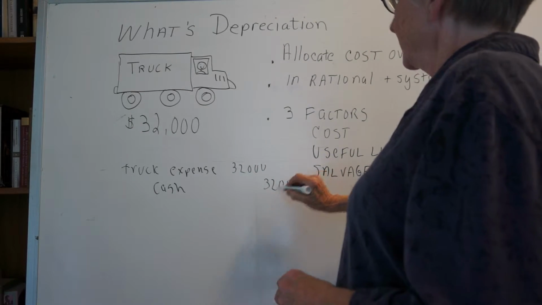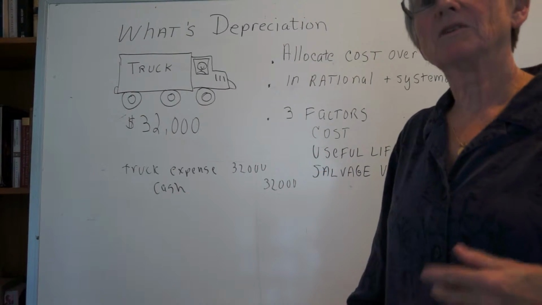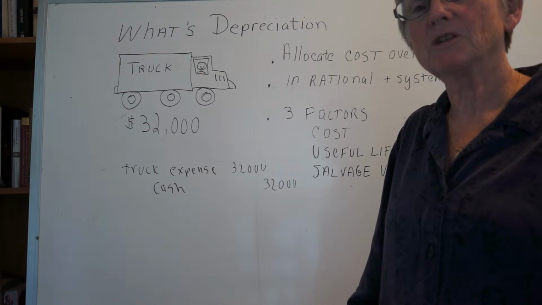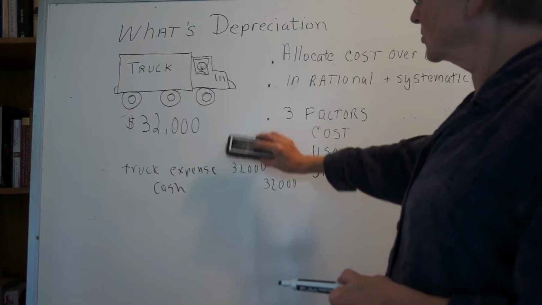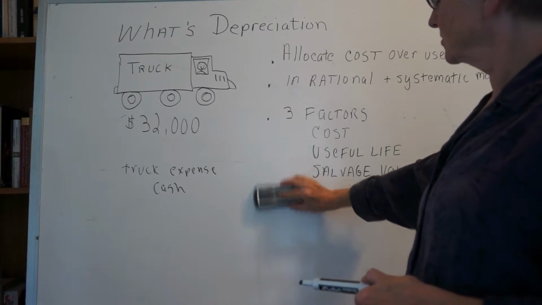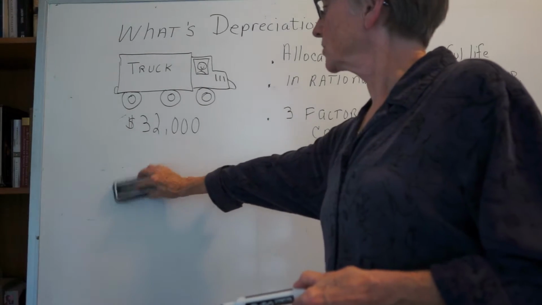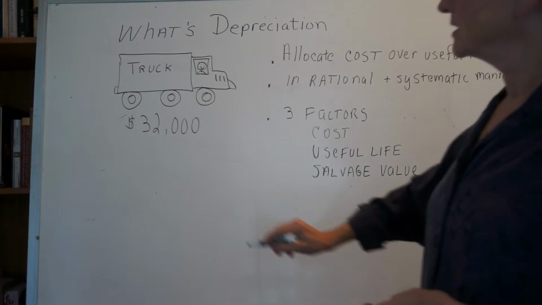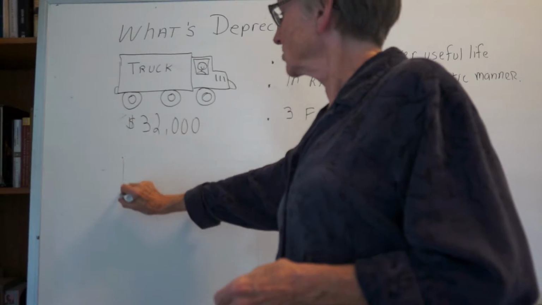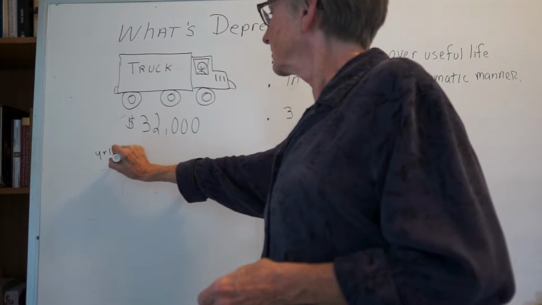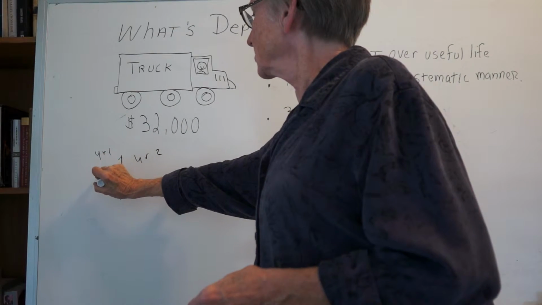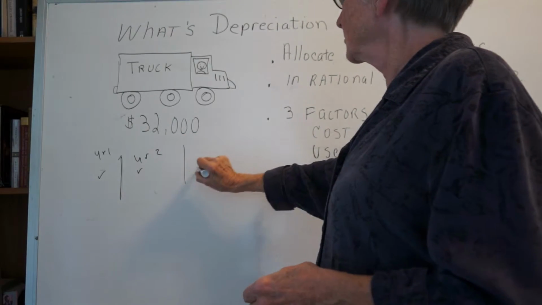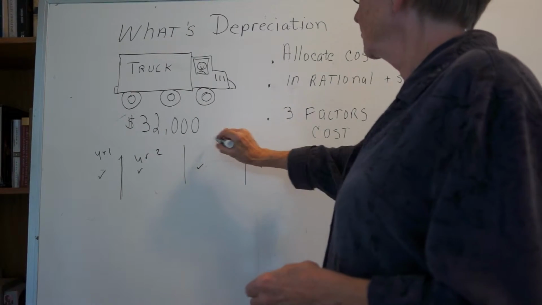But that really wouldn't tell our books the real story about that truck. That truck is going to last more than this year. So what we're going to do is, say the truck lasts 4 years instead of just 1 year, instead of taking all of the expense in year one, we would take some of that expense in year one, some in year two, some in year three, and some in year four.